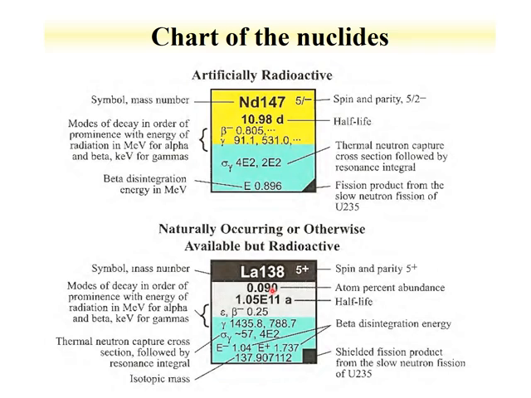This number here, since this is naturally occurring, is the atom percent abundance, so it's 0.09% of all lanthanum is lanthanum-138. Here's listed the half-life, 1 × 10^11 years, very long half-life. And again, the decay modes followed by the energy, the cross-section information, and then for some isotopes, we'll have the isotopic mass listed here.